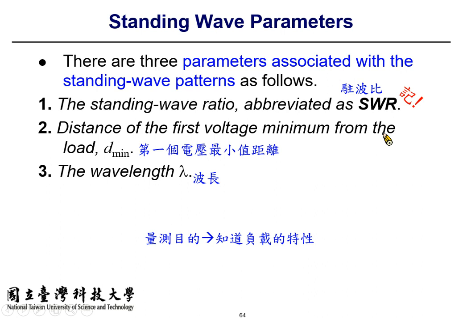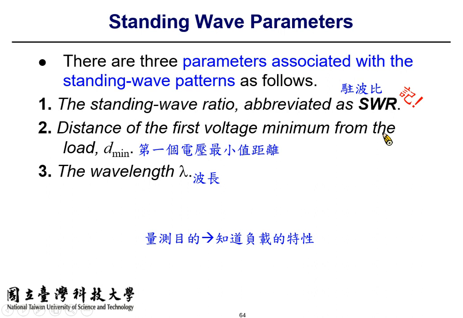The subscript minimum means you have the minimum voltage at a distance equal to or smaller than half a wavelength, because you will reach the minimum in one circle, not greater than one circle.